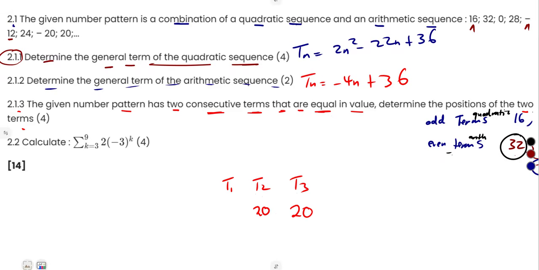So if we consider that what we are dealing with here is a combined sequence, one of the terms definitely, guys, is going to be odd. There is no way. And another one is going to be even.